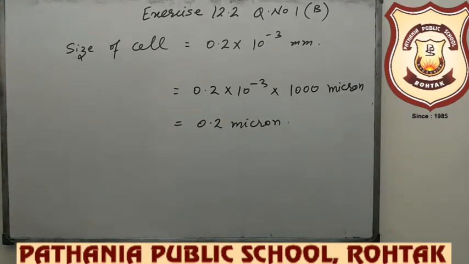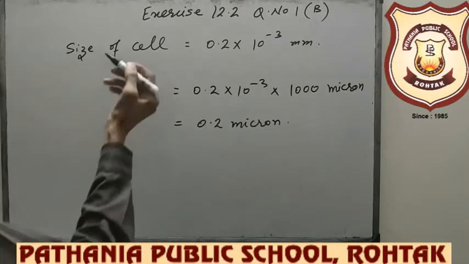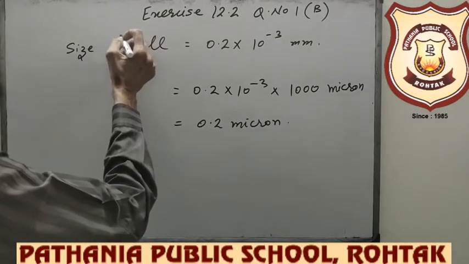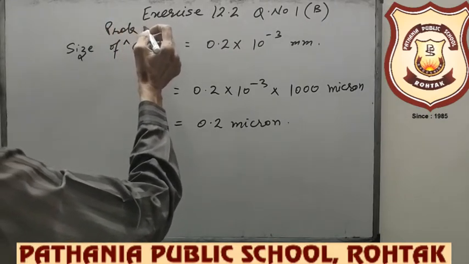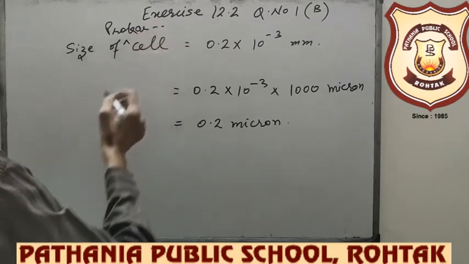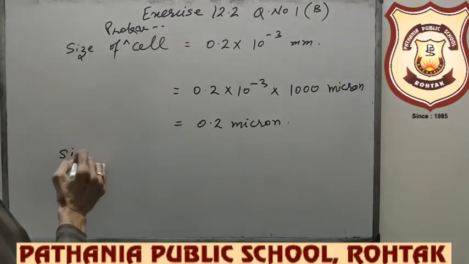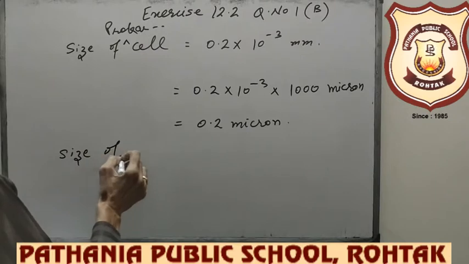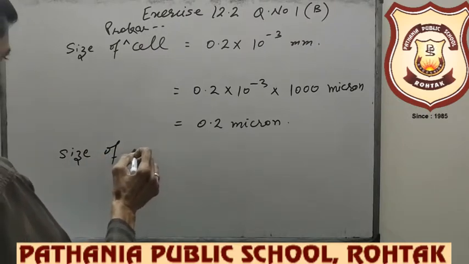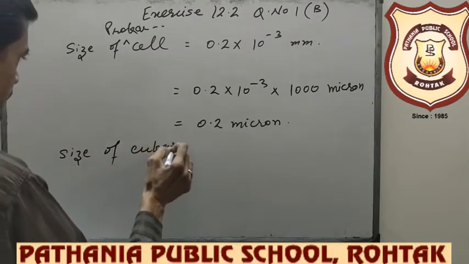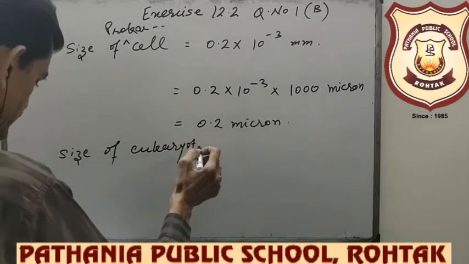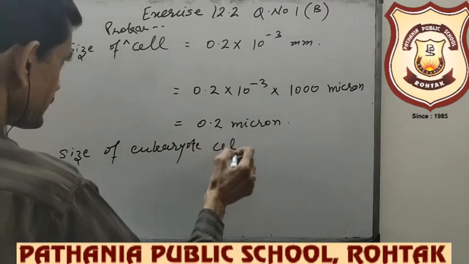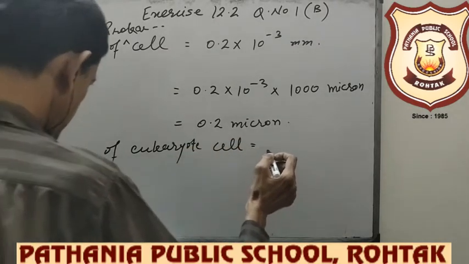This is the size of prokaryotic cell, that I forgot to write here, size of prokaryotic cell, and now size of eukaryotic cell. It is given 10 micron.